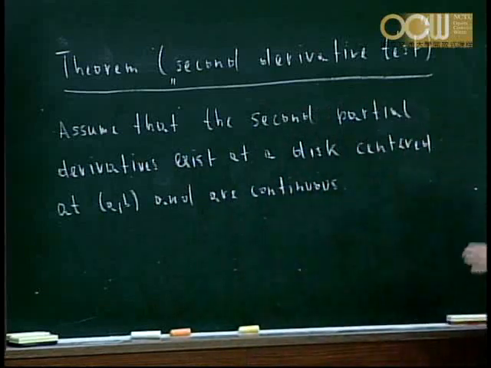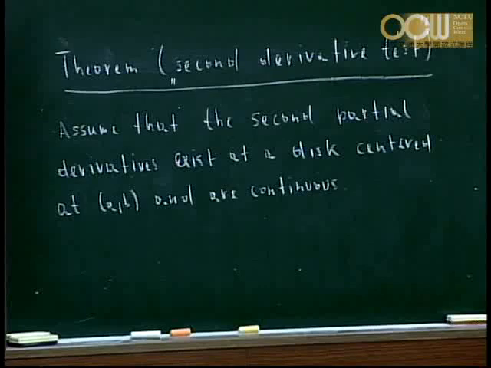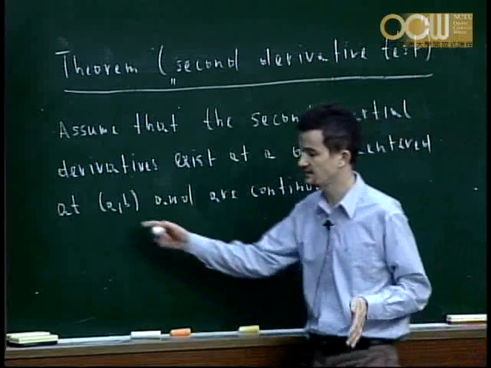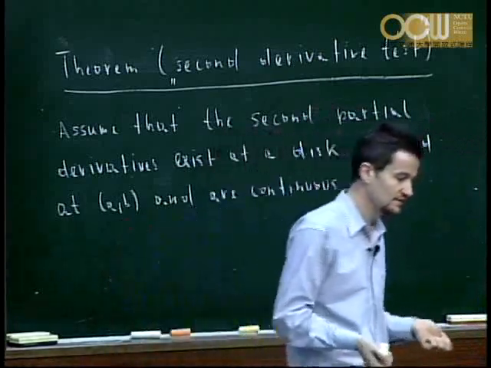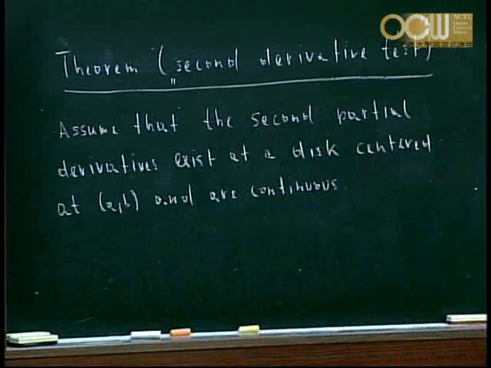Okay, so you need that for your given function, the second partial derivatives all exist in the disk which has center (a, b) and are continuous in the disk.